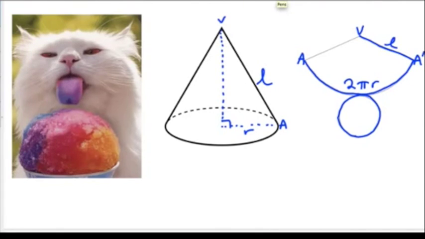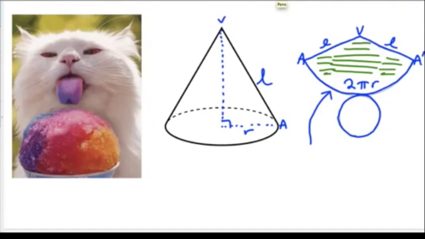That's L. And this is also L. So really what we did is we took apart the cone and then we ended up with all of this space over here, and that's known as the sector of a circle.